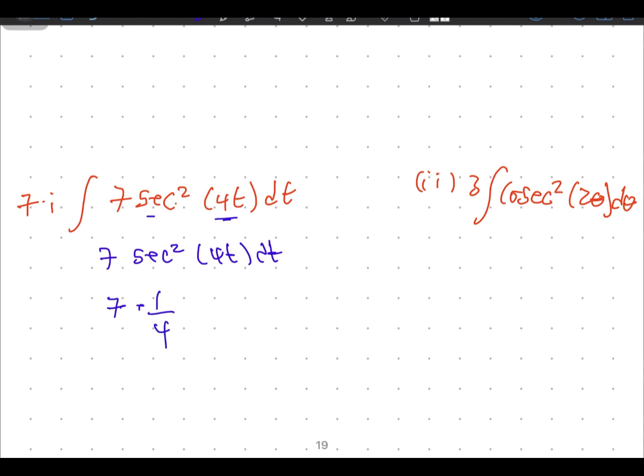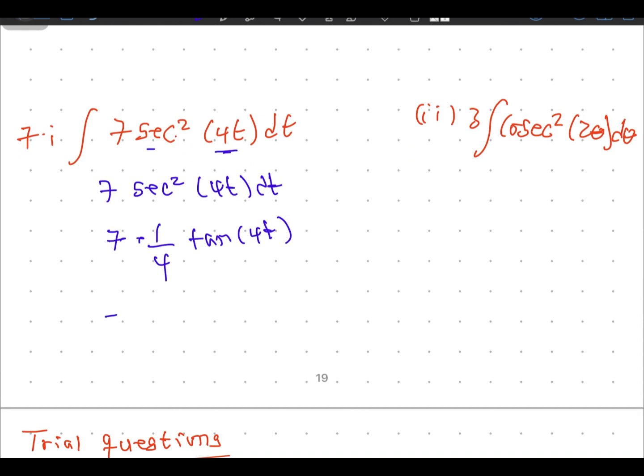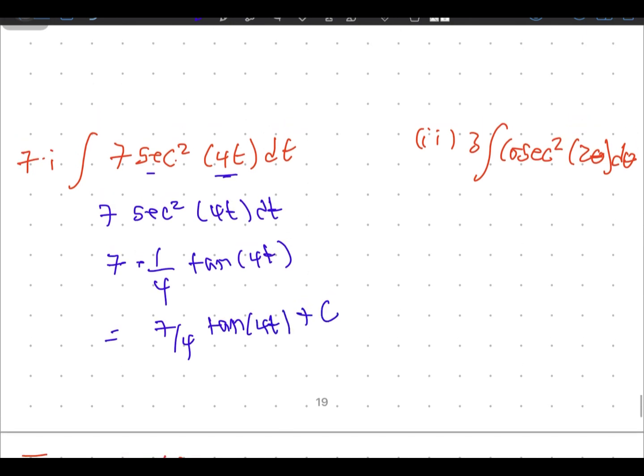And then when I look at the standard integral that we discussed above, the integration of sec square 4t will be tan 4t, and therefore I'm going to get tan 4t. So in combination, I'm going to get 7 over 4 tan 4t plus c.